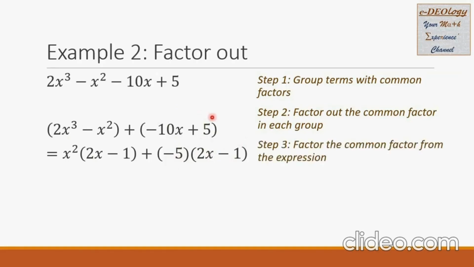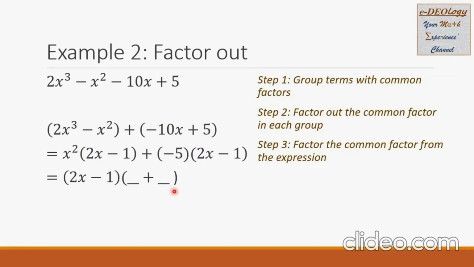And then for step 3, we will factor the common factor from the expression. So from the two big groups, the common factor is that binomial 2x minus 1. So I'm going to pull it out. So 2x minus 1 is now here.